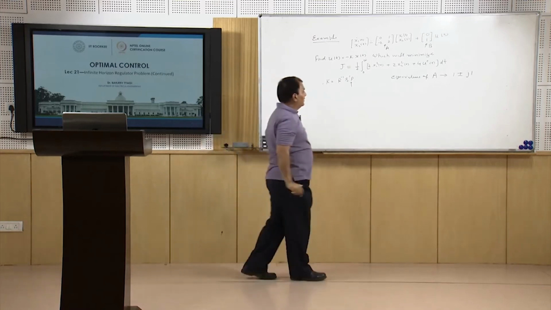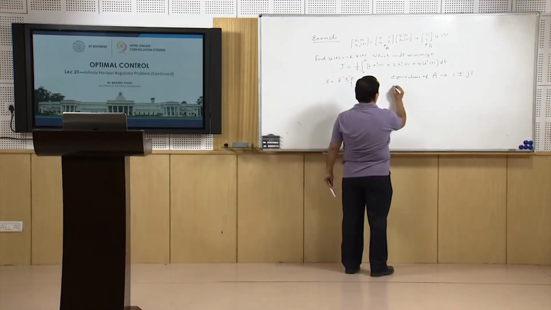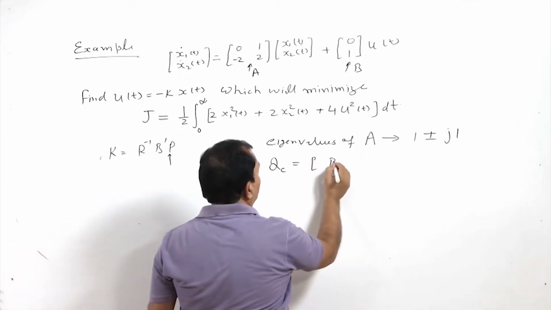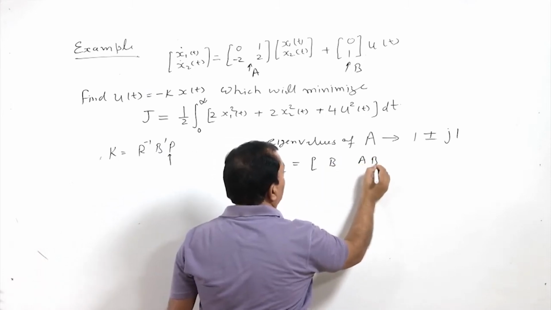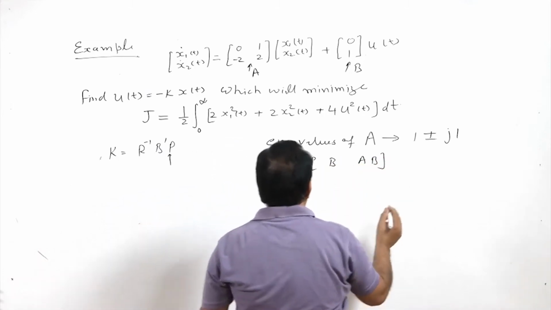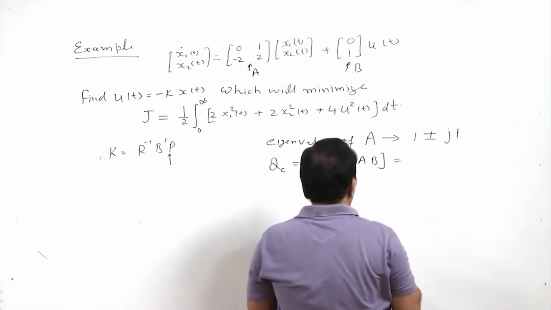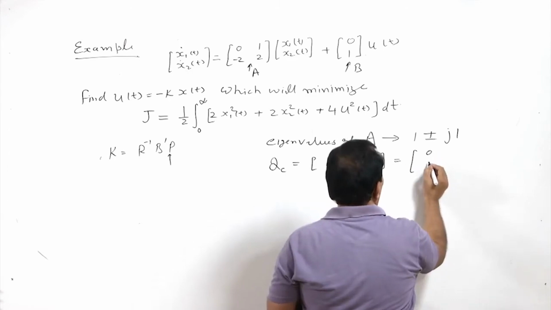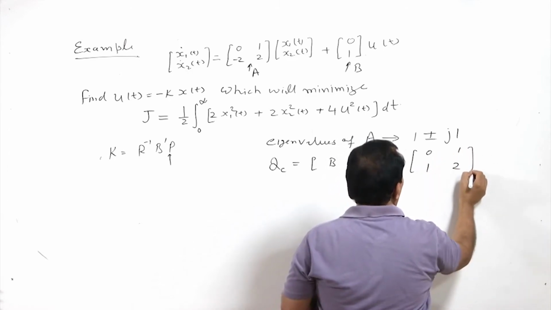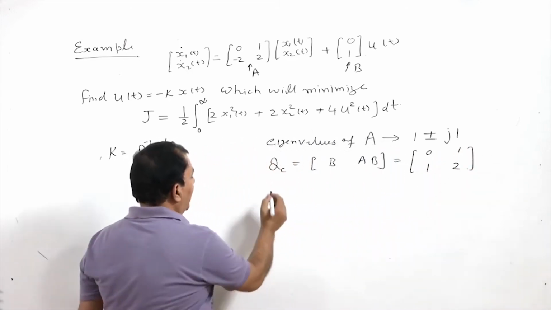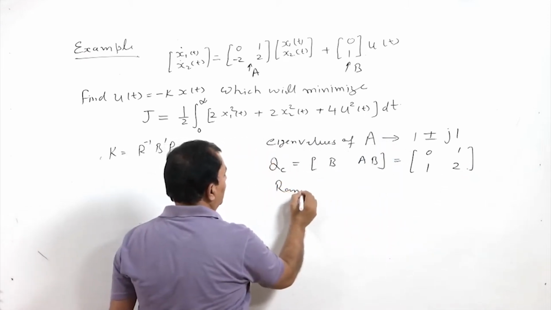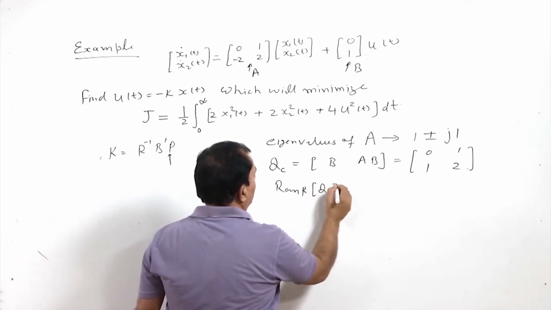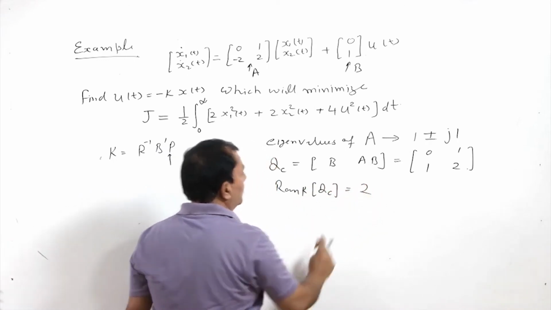completely controllable system. So, we check the controllability by matrix Qc, which is nothing but B, AB, and this is equal to 0 1, 1 2, and the rank of Qc is 2.